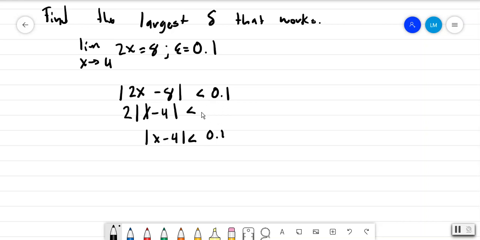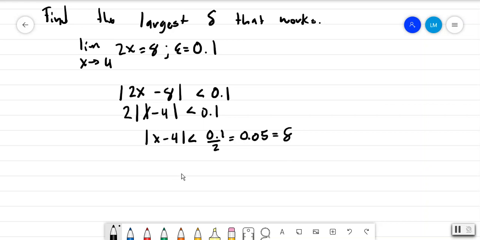Now, notice that if I divide by 2 on both sides, I've basically already found my delta, because this equals 0.05, and that is going to equal delta, because notice that this is x minus 4 and that's less than delta.